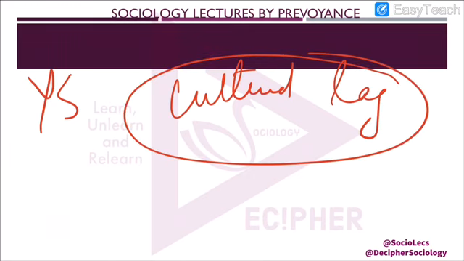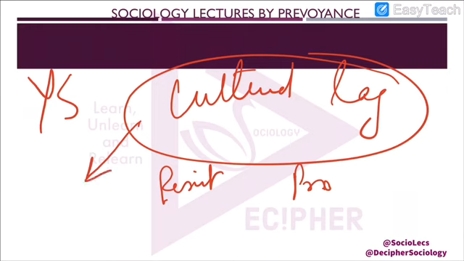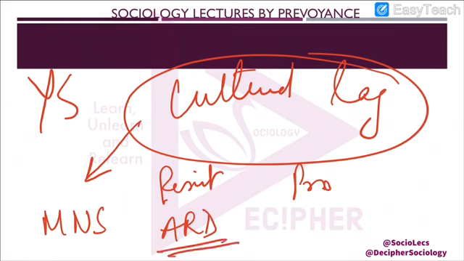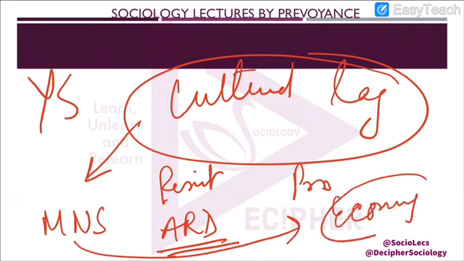Whenever such changes take place in an economy, there is always one section which resists change and one section which is pro-change. So what do we say about this cultural lag? Are people resistant or accepting? How do M.N. Srinivas and A.R. Desai see this social change? What about social mobility, Sanskritization? Does change in economy lead to such changes?